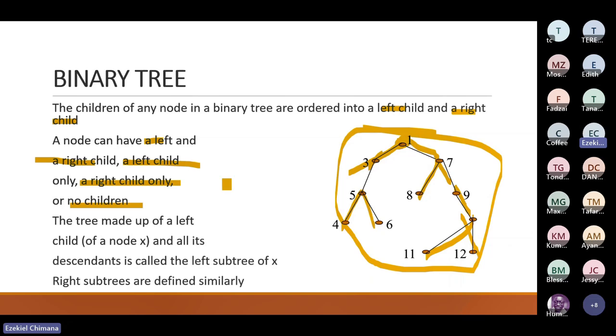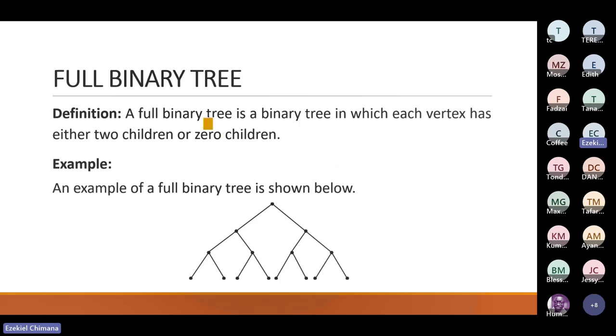And there is what we call a full binary tree. A full binary tree is a binary tree in which each vertex has either two children or zero. So each and every vertex must have either both the left and the right children, or no children. For example, if you come to this vertex, we have the left and the right.